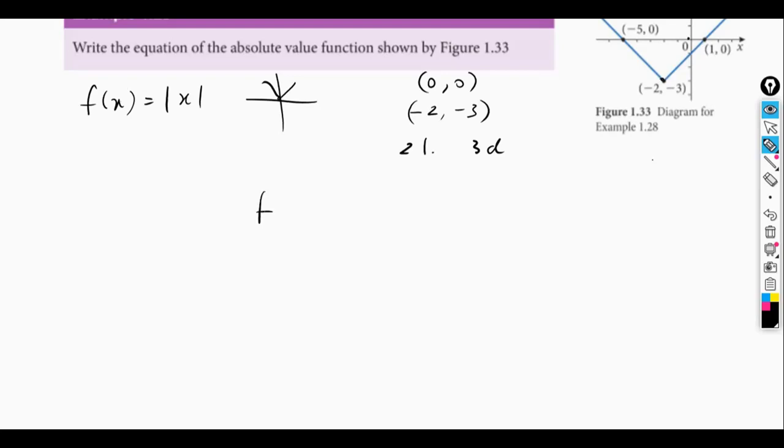So f of x would equal absolute value of x plus 2. Because for x, we have to do it backwards, right? So x plus 2 shifts it 2 units to the left. And for y, we would use the same sign. In this case, 3 down would be minus 3. So this would be the absolute value function for figure 1.33.